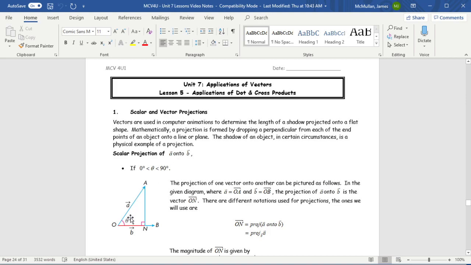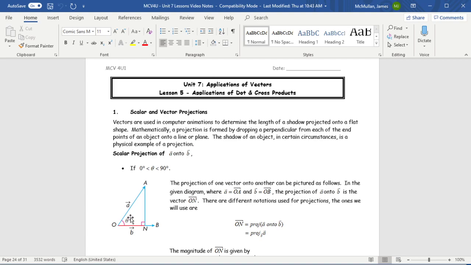Like you're standing up straight, but your shadow is being cast onto the ground, or onto a wall, or onto some surface.